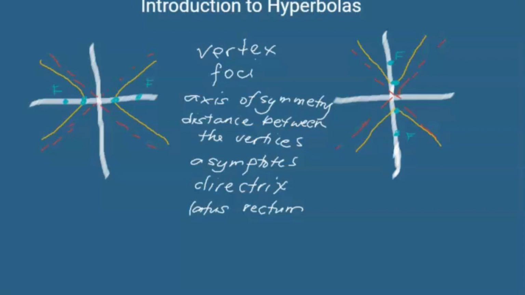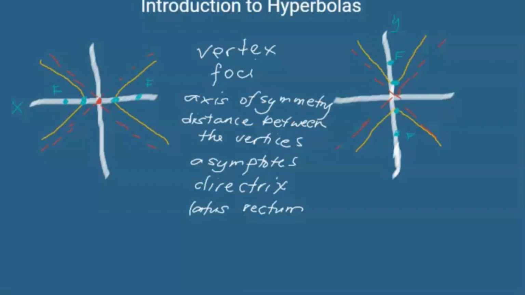For the axis of symmetry, it is the line that goes through each focus. So for a horizontal hyperbola, the axis of symmetry is parallel to the x-axis, whereas for the vertical hyperbola, the axis of symmetry is parallel to the y-axis.